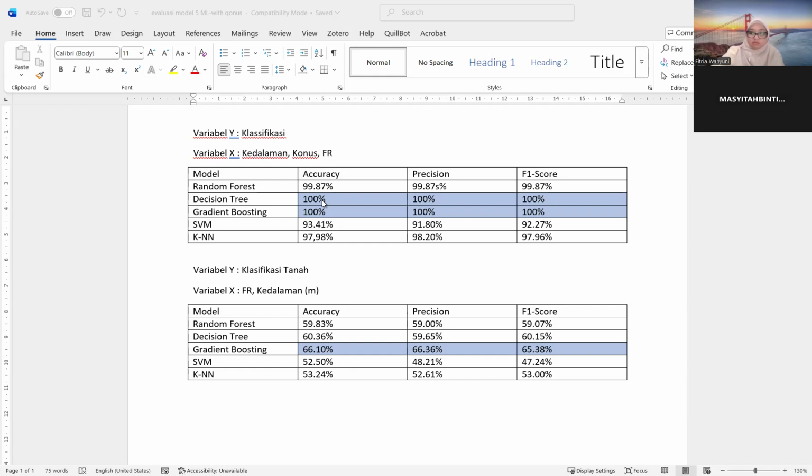However, when you remove the keynotes from your analysis, there's a drop in the accuracy. Therefore, I think the most significant parameter that may influence your soil classification or consistency is the keynotes. Then you need to find out why this keynote is very significant to your analysis.